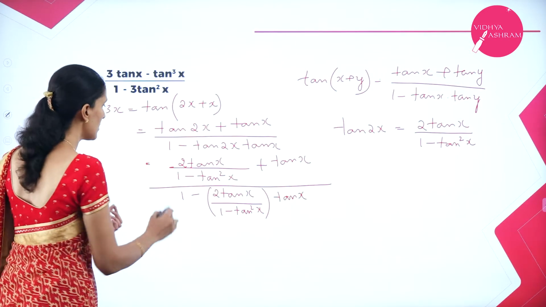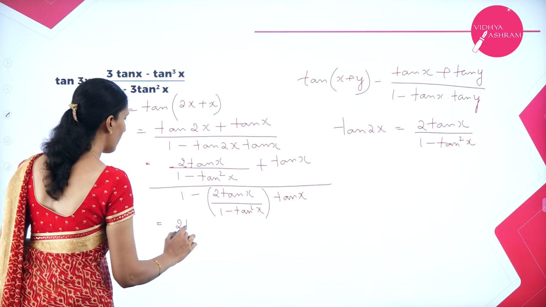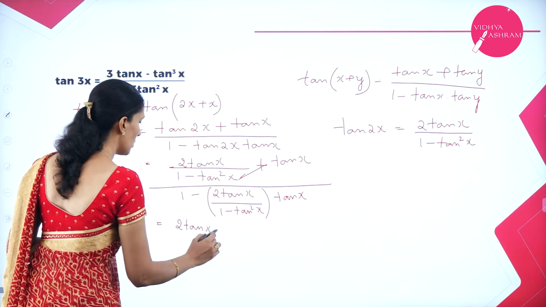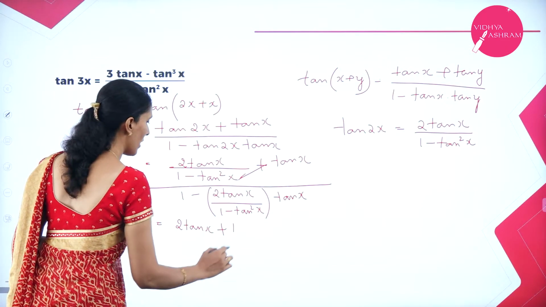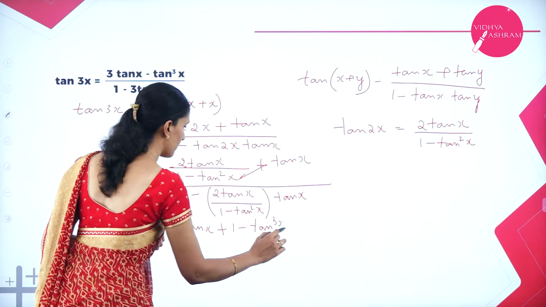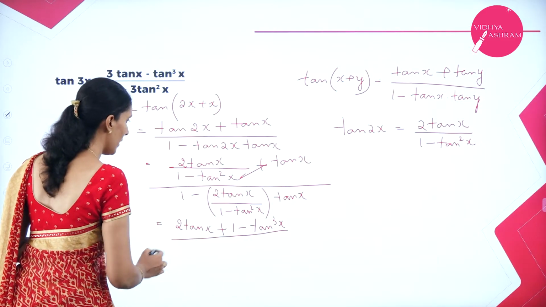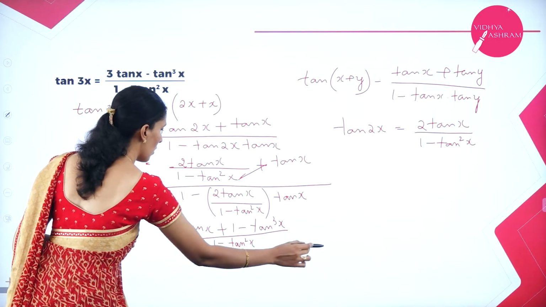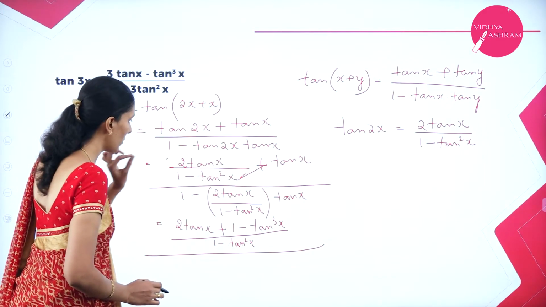Next, solve this. In the numerator you have 2 tan x. Cross multiply with these two. So you will get plus 1 minus tan cube x, whole divided by 1 minus tan square x. I am just solving only the numerator part here.